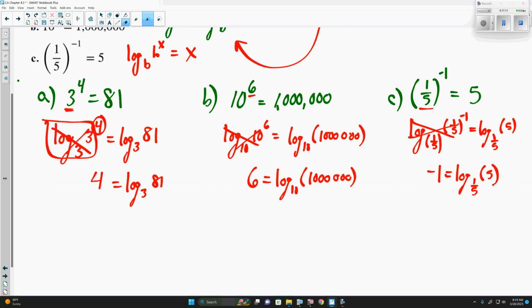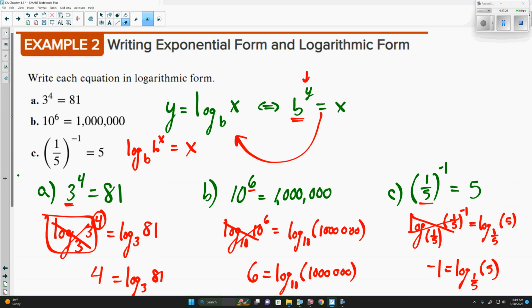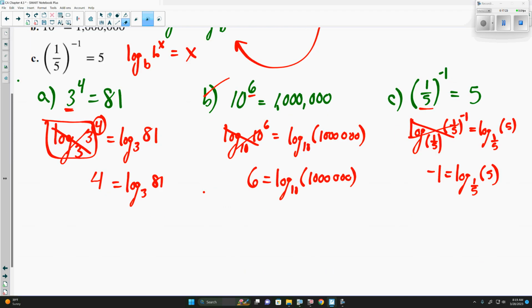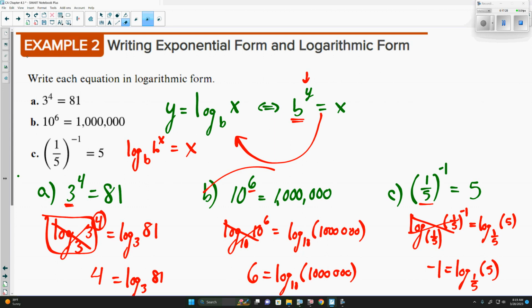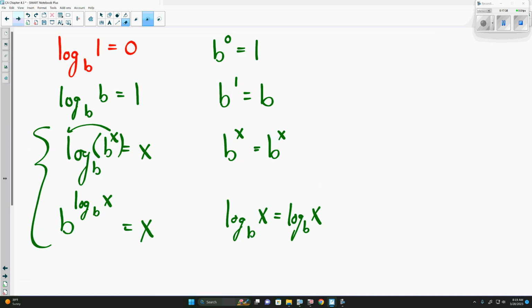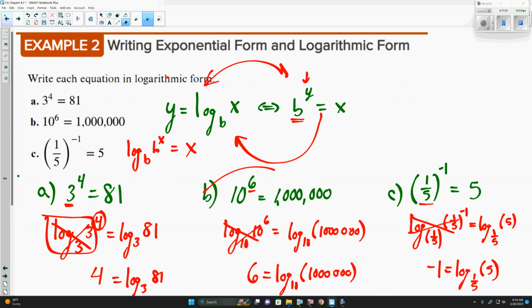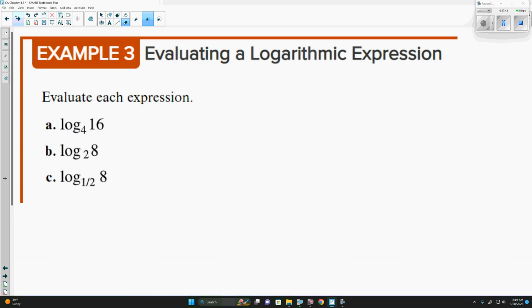Sometimes this method makes a little more sense, because we can actually see what we're doing step by step, not quote unquote magically going from here to here or vice versa. So sometimes when we actually see what we're doing and applying these properties, it makes a little more sense. Questions on any of these here? Okay.